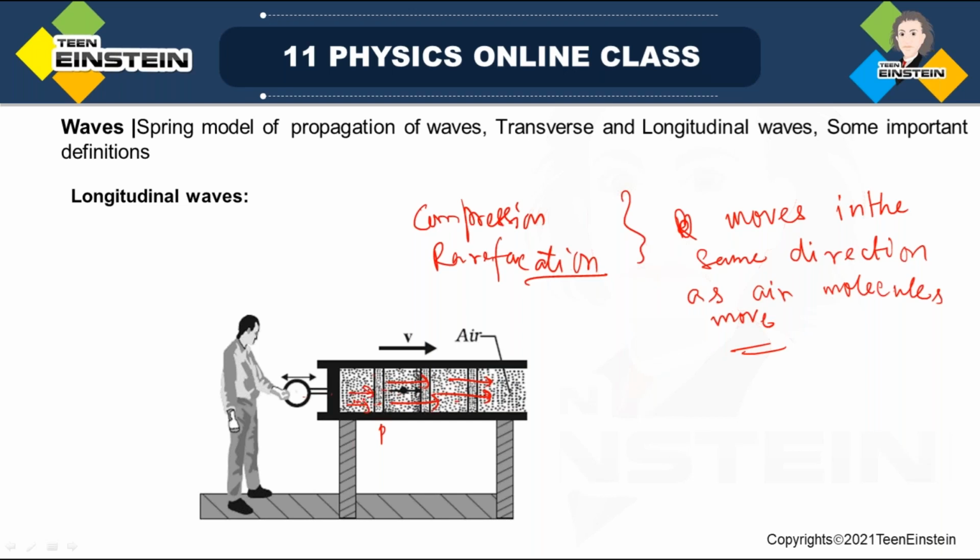At the same time, the air molecules are trying to move from the rarefied region to the compressed region to the rarefied region, and thereby they increase the density of a particular region, and from there the gas again goes to the rarefied region.